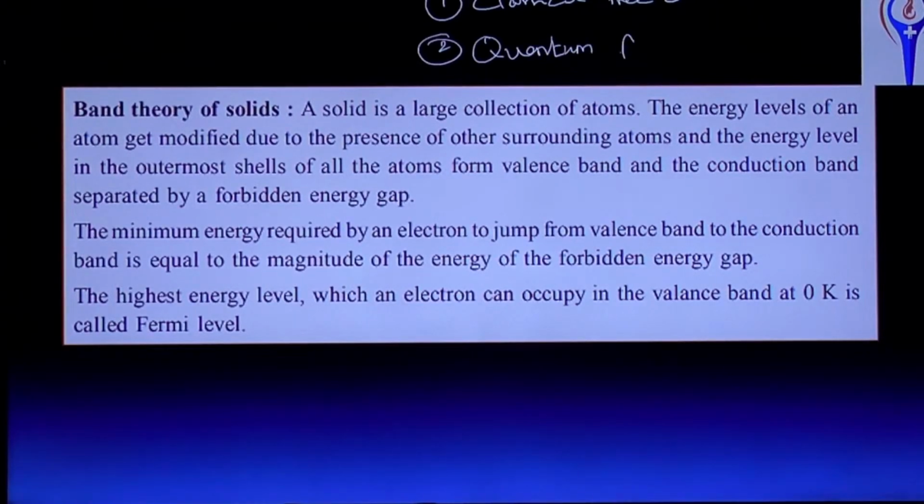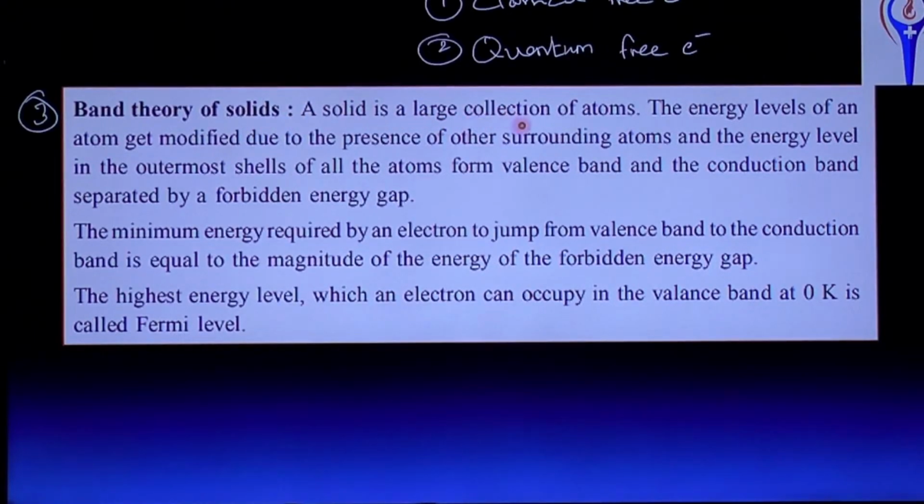Each theory explained some topics, such as the properties of metals. And the third one is band theory of solids. Only after band theory does electronics play a very vital role in communication.